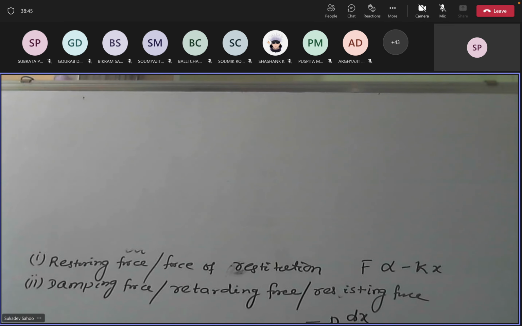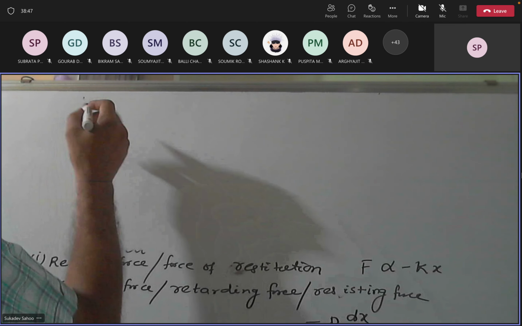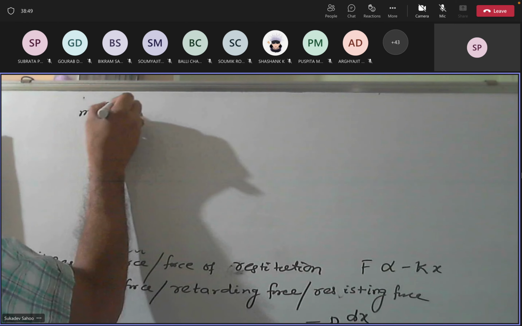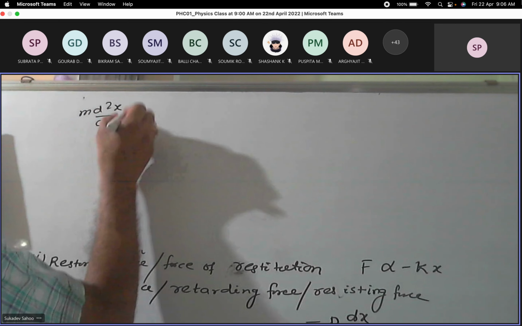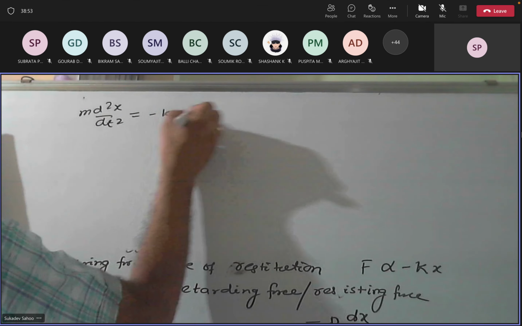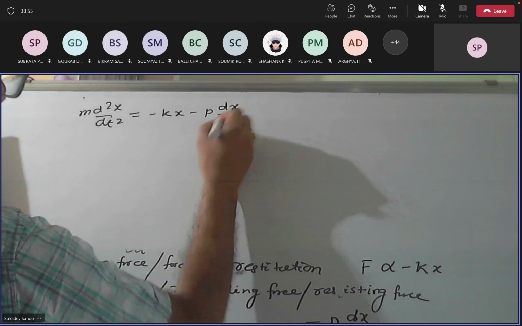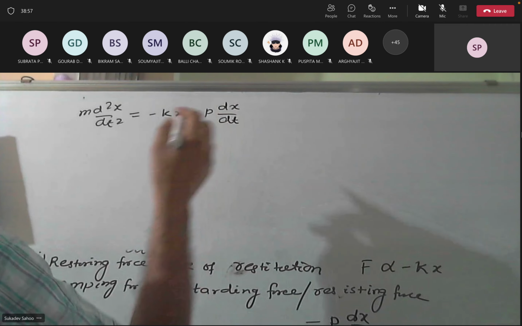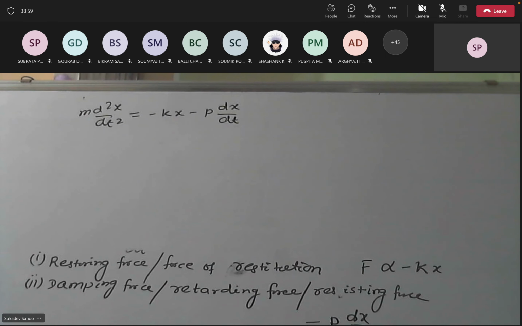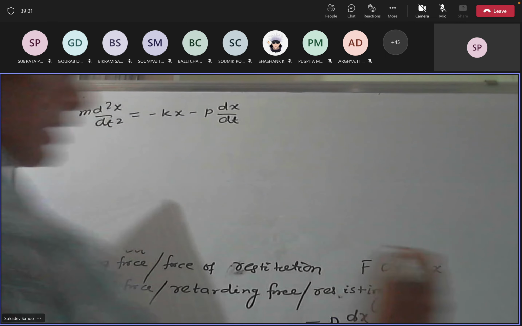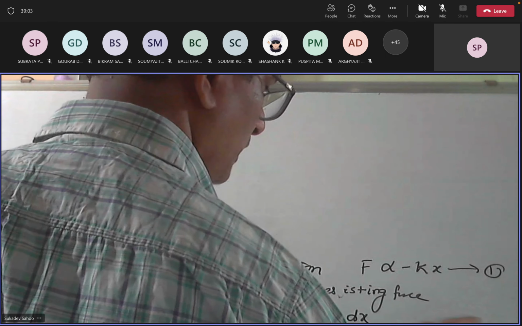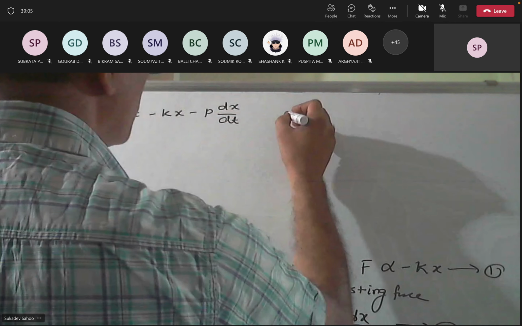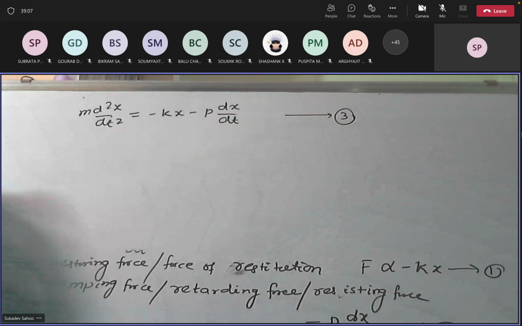So we can write this as m d square x by dt square equals minus kx minus p dx by dt. If you give the equation number 1, 2, then we can give this equation number 3.